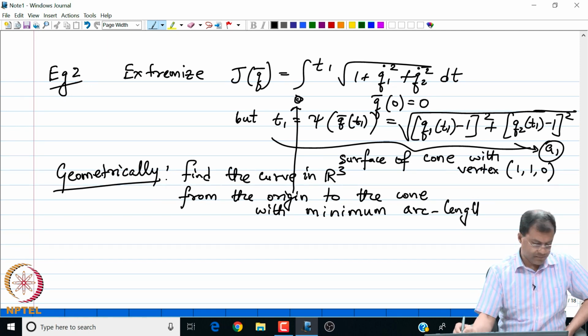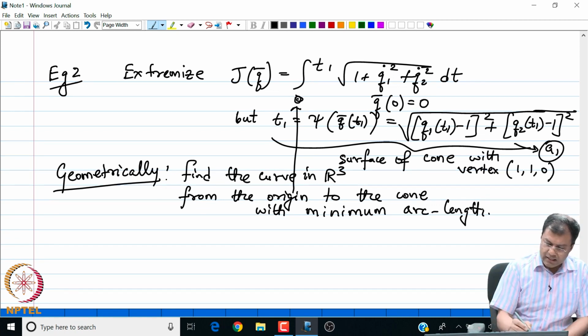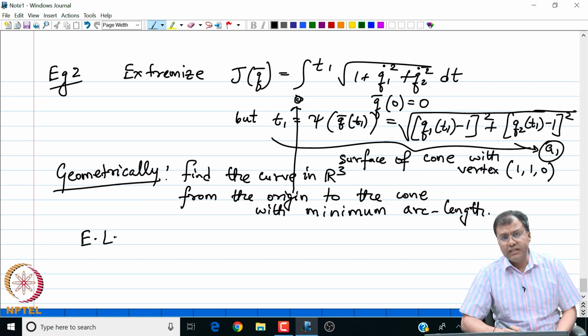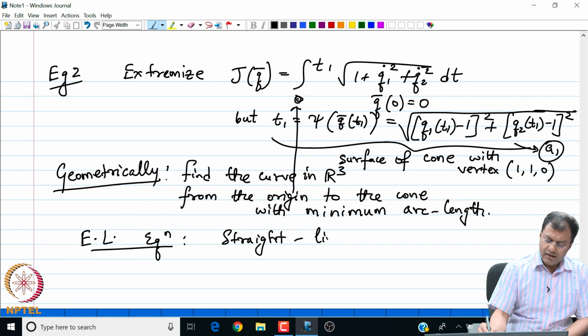Okay. Now, of course we need to satisfy the Euler-Lagrange. My Euler-Lagrange equation, the system of Euler-Lagrange for this is a geodesic problem. My Euler-Lagrange equation will directly give me the solution as straight lines. So I need not solve that.